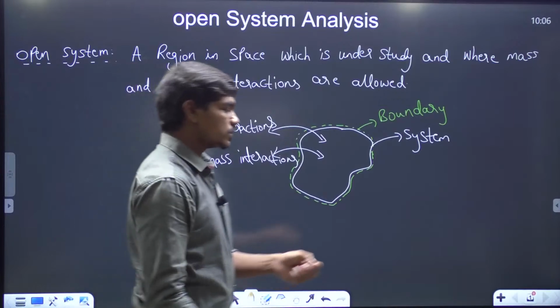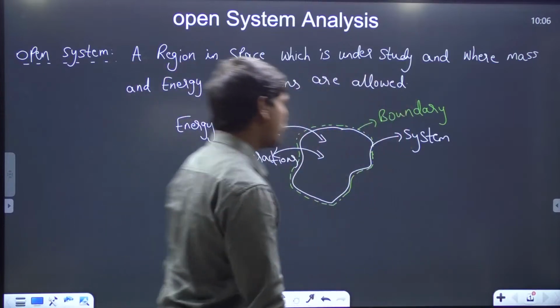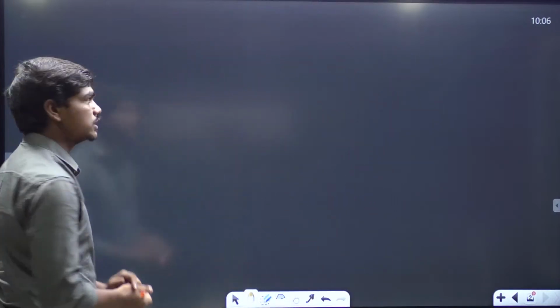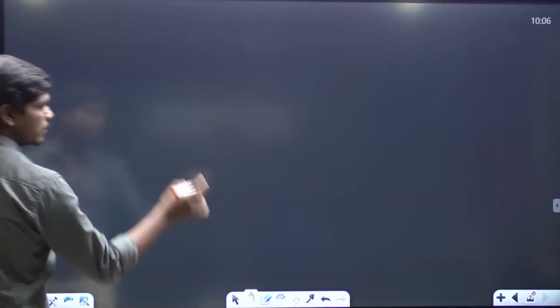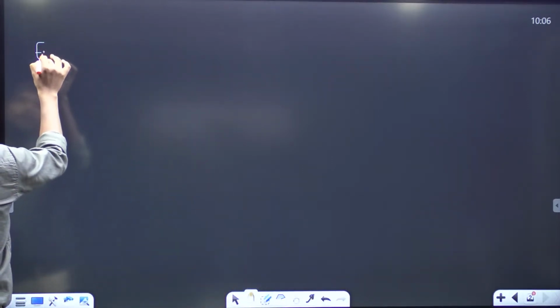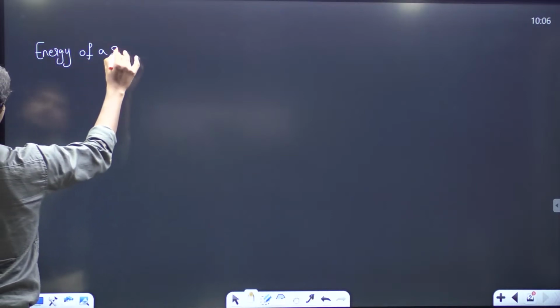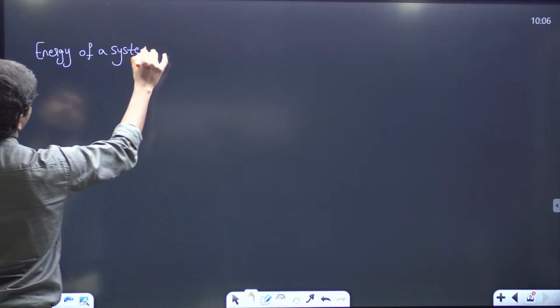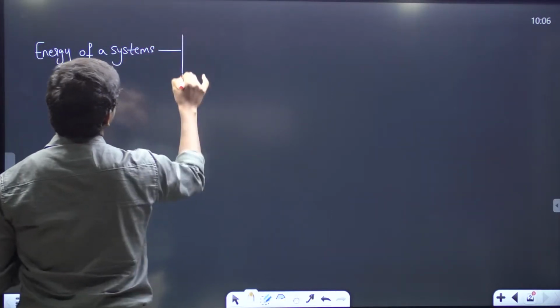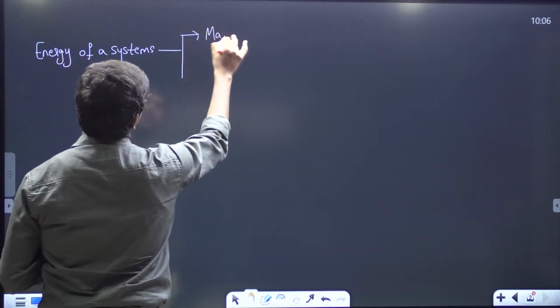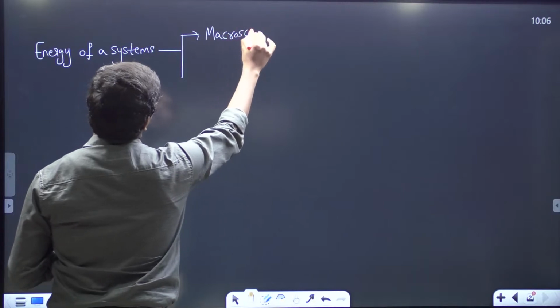We'll see how we focus on macroscopic energies now. If you recall, the energy of a system consists of two parts, macroscopic and microscopic.